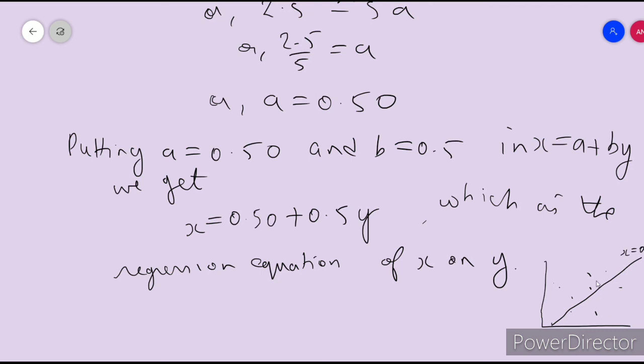So that is the idea of applying the least squares method for finding a regression line, or the regression equation of the dependent variable on the independent variable. So here you're finding the regression equation of x on y, where x is the dependent variable and y is the independent variable.